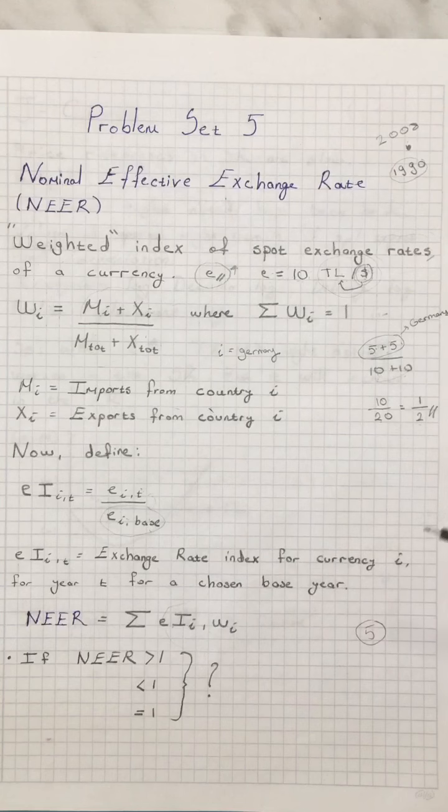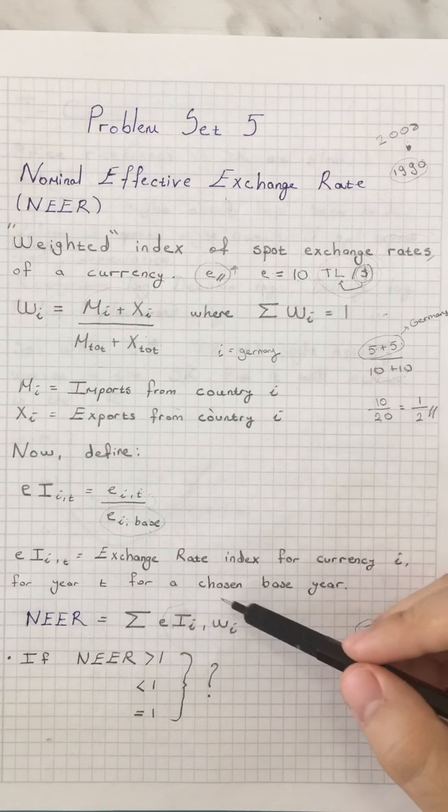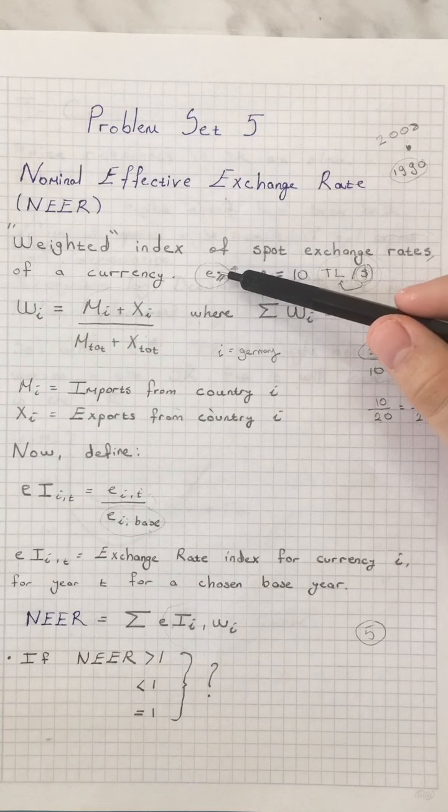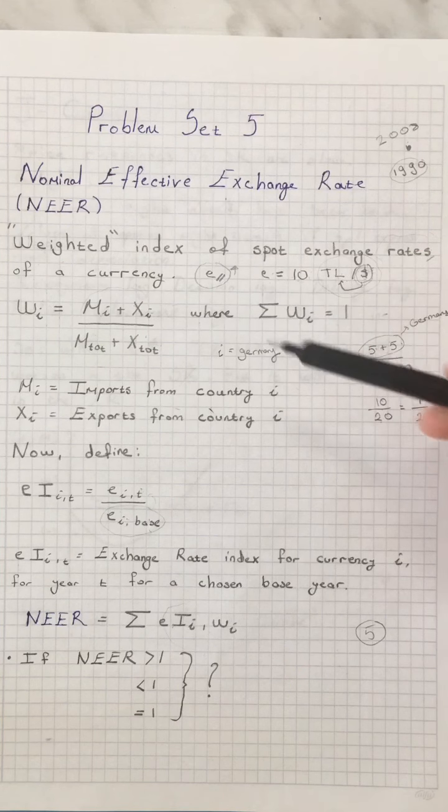So what do we infer if our nominal effective exchange rate is bigger than 1? That means that the home country's, so Turkey's, currency lost value with respect to all of the countries we are calculating. I said that when E is increasing, that means that our currency is depreciating. It's the same logic.